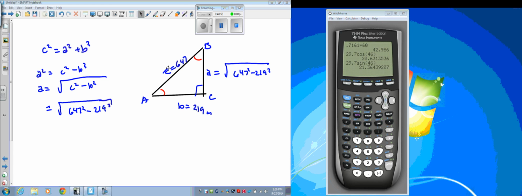All right. And because I'm given two sides, I'm going to get a decimal degree, and I have to convert it to minutes, just like I did in that previous one that was given that way.